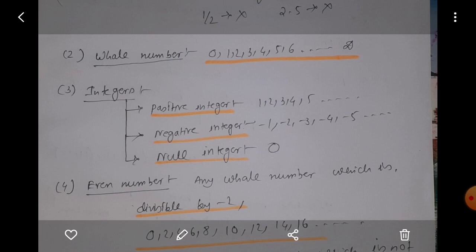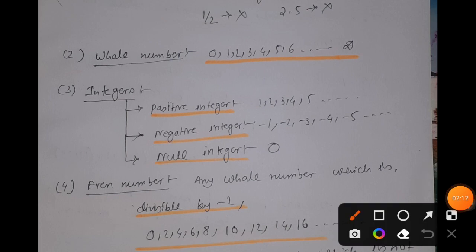Now what do you mean by integers? Integer is all the negative values of whole numbers, joined with the positive values of whole numbers, then we will get integers, okay? So integers can be divided into three parts. One is positive integer. Positive integer is 1 to infinity.